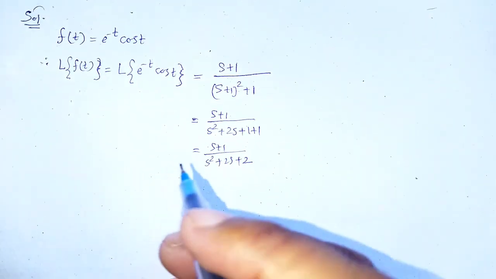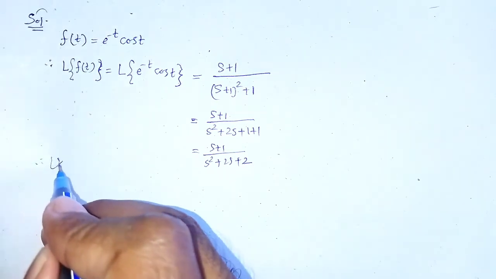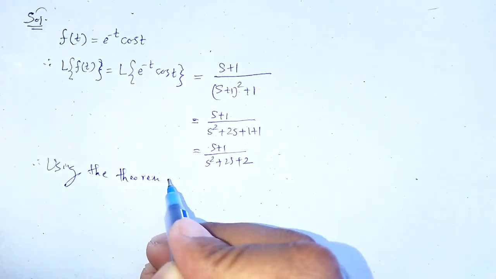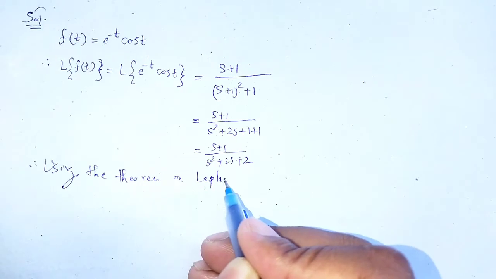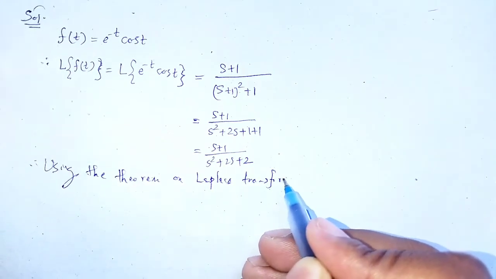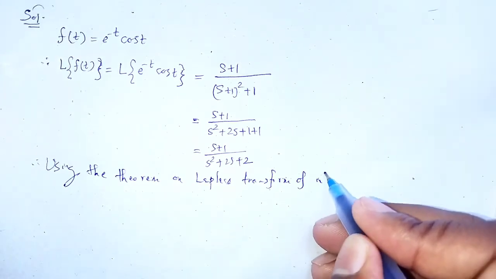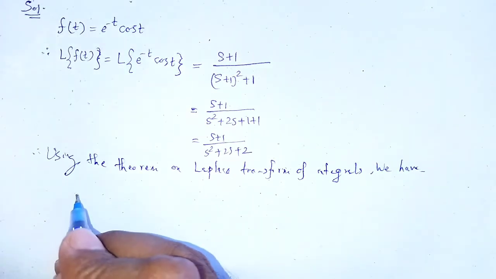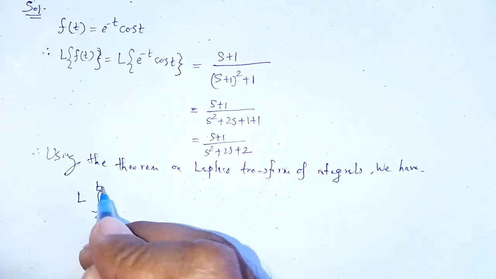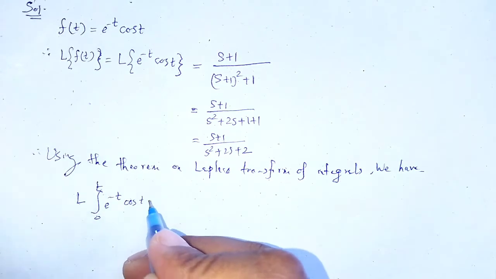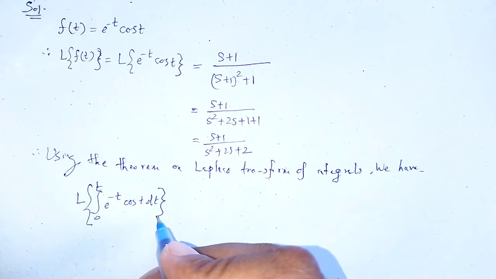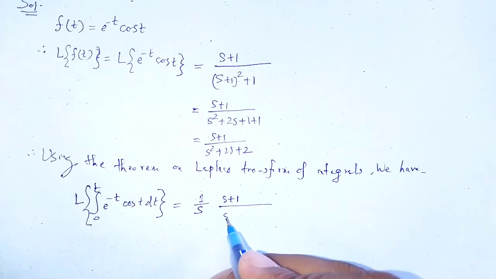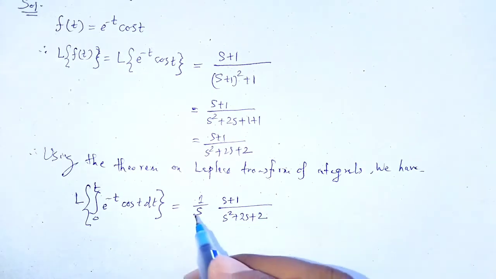Let us use the theorem of Laplace transform. Therefore, using the theorem on Laplace transform of integrals, we have Laplace transform of integrals 0 to t e to the power minus t cos t dt is equal to 1 by s times s plus 1 divided by s square plus 2s plus 2.